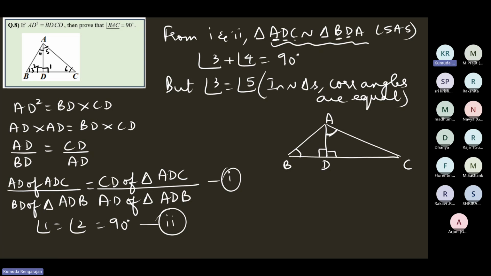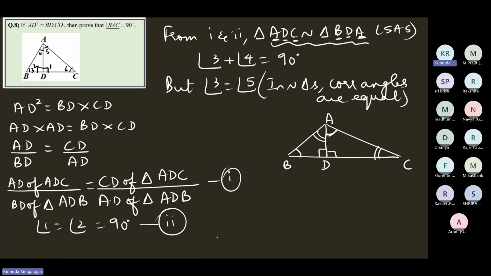What we don't know? C of ADC, meaning C of the triangle ADC. So ADC is this triangle. Angle C of ADC is equal to A of BDA. BDA is this triangle. A of BDA is this one.